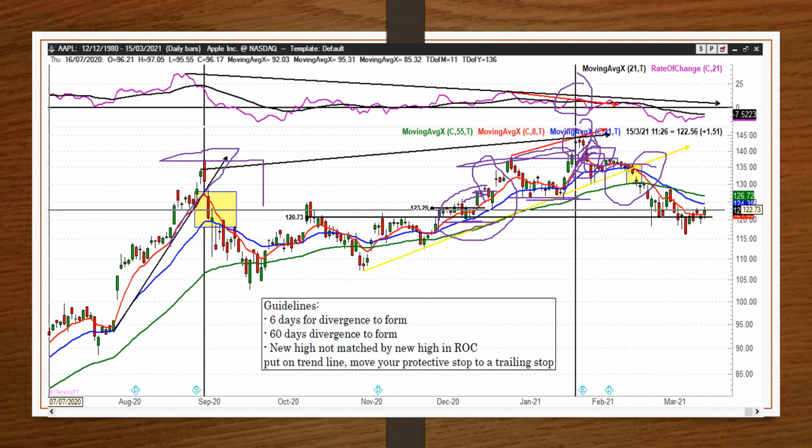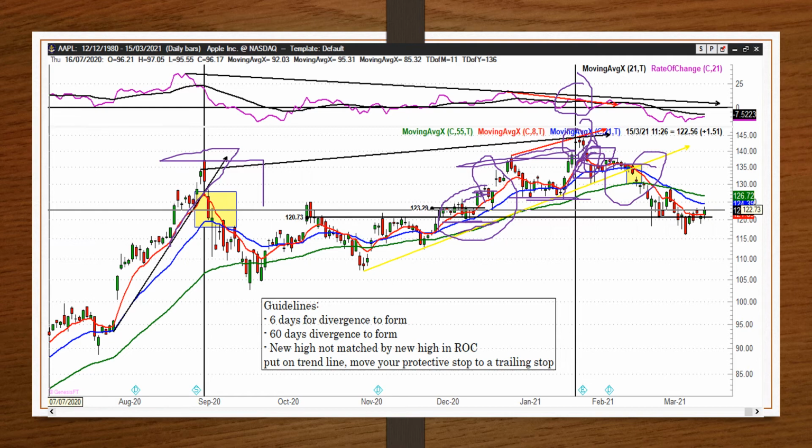You can see in the text box there's some guidelines there for the rate of change divergence. Now, from one high to another, we need a certain amount of time to go by. So I allow 60 days between high points in order to entertain the whole divergence concept.